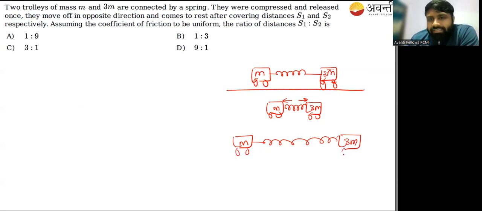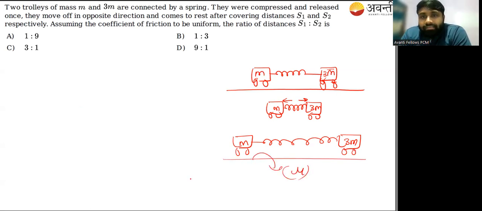Now we cannot say here that the center of mass will remain constant because this surface has some friction coefficient. Whatever spring elastic energy we have stored by the compression will convert into the kinetic energy of these two trolleys, and each trolley will move on the expense of this kinetic energy.